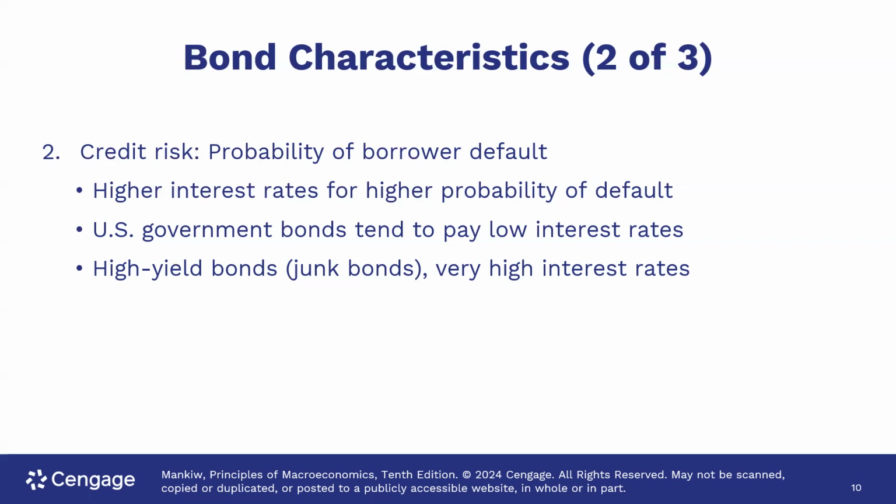That is why default is considered a cost for the lender. In order to compensate for this cost or risk, the lender normally requires a higher interest rate for a bond with a higher default risk or credit risk.